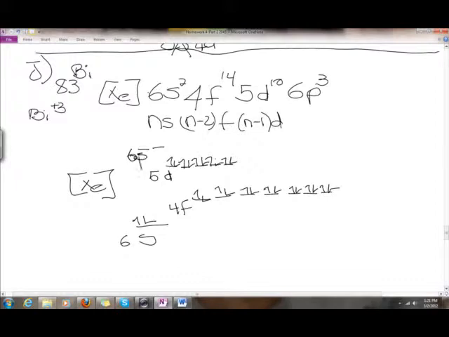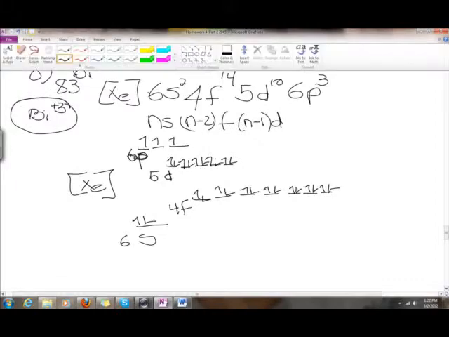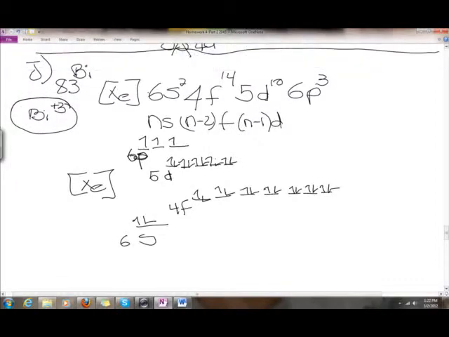After the 6s goes the p, and how many are on p? 1, 2, 3. If you lose 3 electrons, on red we'll do the charge, and you lose 1, 2, 3. This is the outermost shell. The outermost shell is 6, and the subshell is a P. Remember, we always lose that.